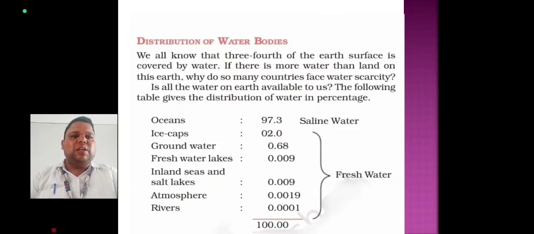Now, the ocean contains 97.3% saline water, ice caps 2%, and the groundwater on earth is 0.68%, and freshwater lakes only 0.009%, and inland seas and salt 0.009%, and the atmosphere in the form of water vapors 0.0019%, and the rivers contain 0.0001%. These are the parts of the fresh water that make up the water on earth.